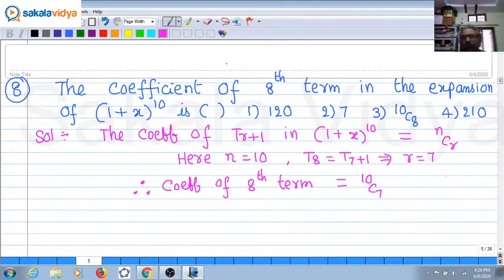So we have one formula: nCr equals nC n minus r.